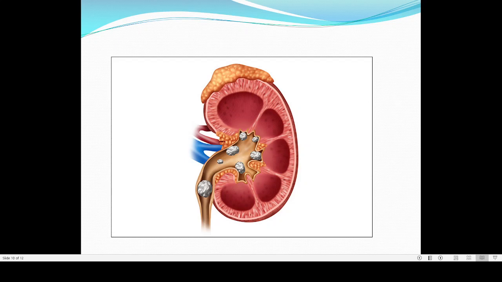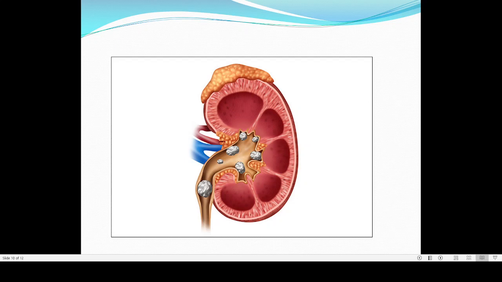So these rock particles may be blocking the kidney tubules or the nephron or the ureter. When a rock particle like this is present in your ureter, it will be blocking the ureter and preventing the passage or flow of urine.